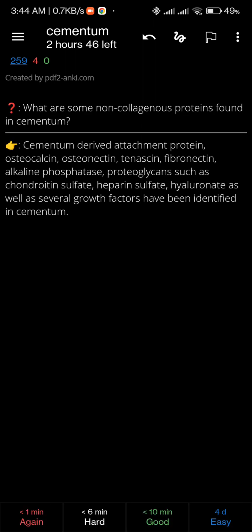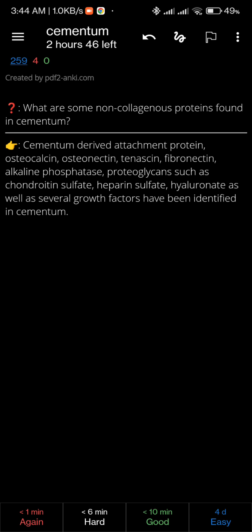So what are some non-collagenous proteins in cementum? Bone sialoprotein and osteopontin. We also have cementum derived attachment proteins: osteocalcin, osteonectin, tenascin, fibronectin, alkaline phosphatase, and proteoglycans.